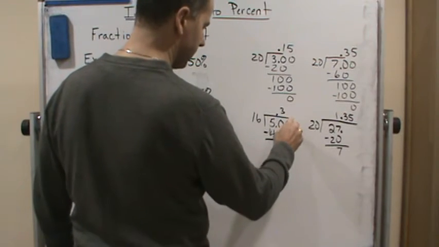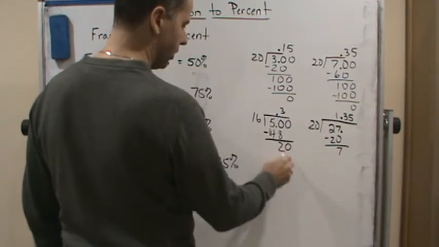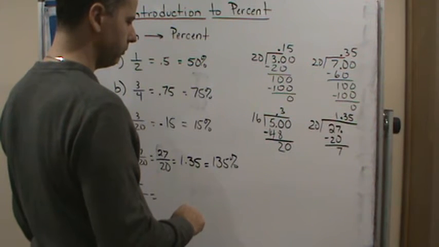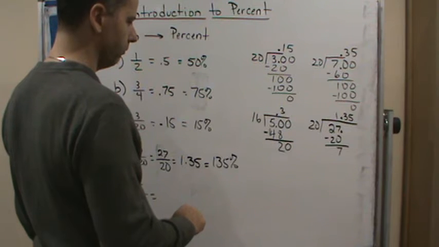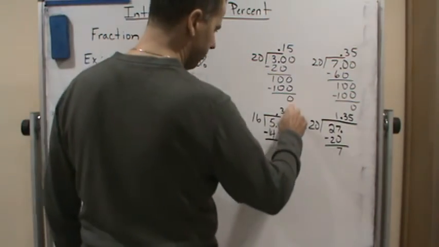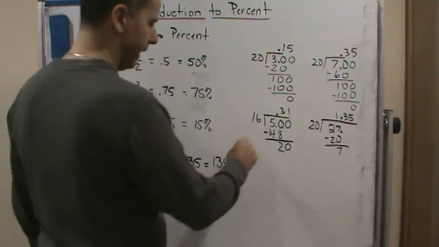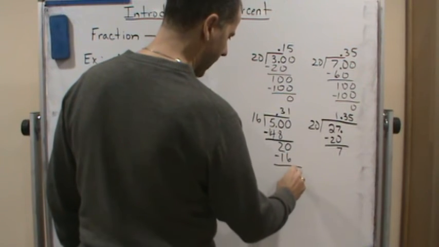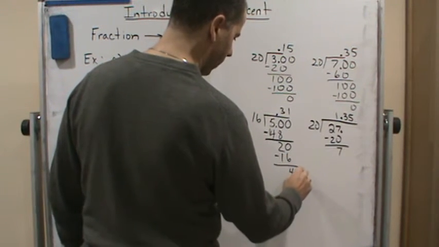I'm going to drop down the 0. 16 goes into 20 1 time, then I multiply and I get 16, and I subtract and get 4.